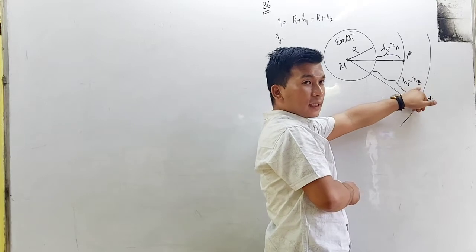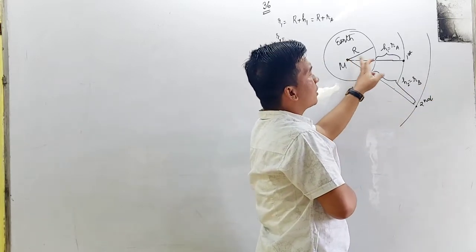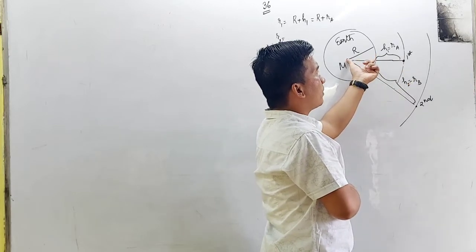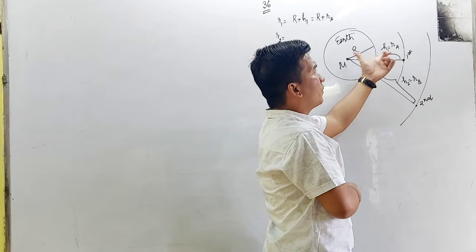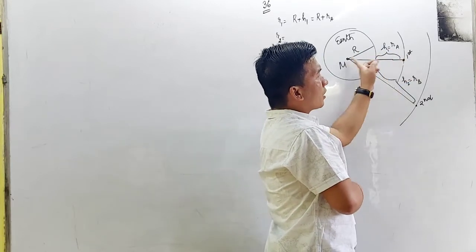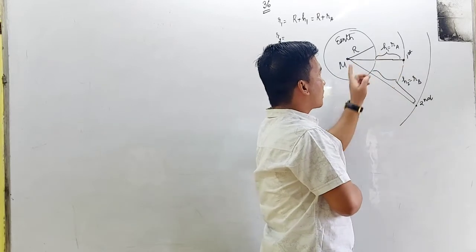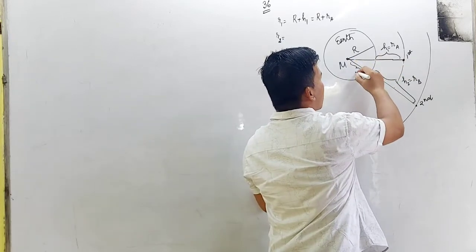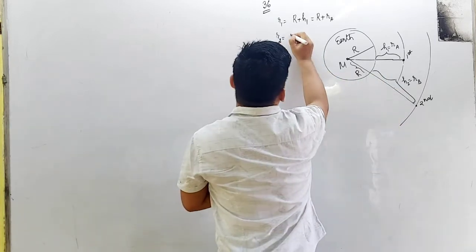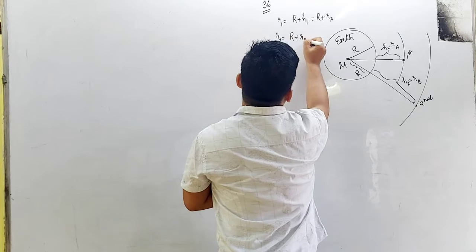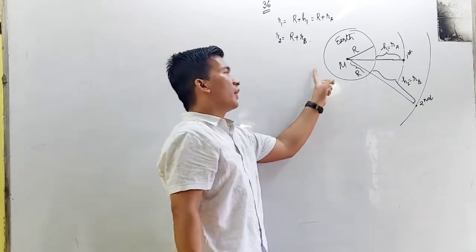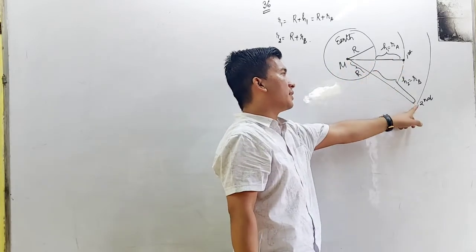The distance measured from the core will be capital R plus h1 for the first satellite, and R plus h2 for the second, which is small r2, equal to R plus RB. We have measured the effective distance of both satellites from the core.